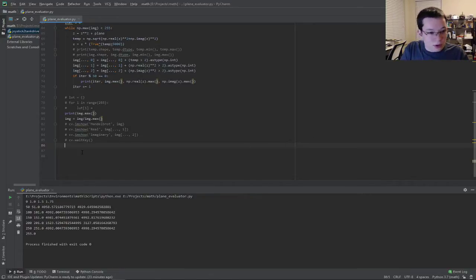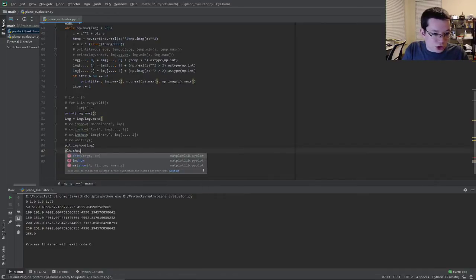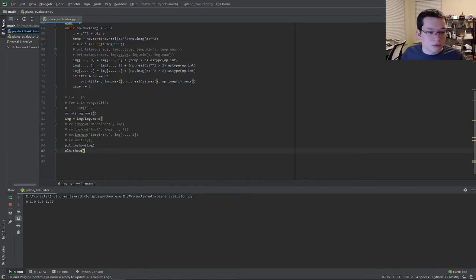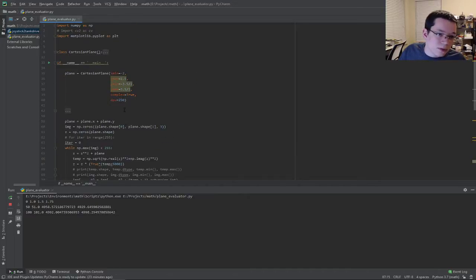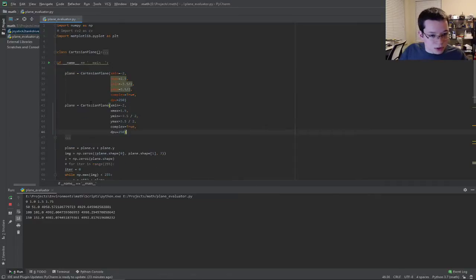I can do imshow and just do image and then plt.show. But I need the coordinates to be in the correct place, which I suppose I could do just by changing. Yeah, we'll do that. Copy, paste.